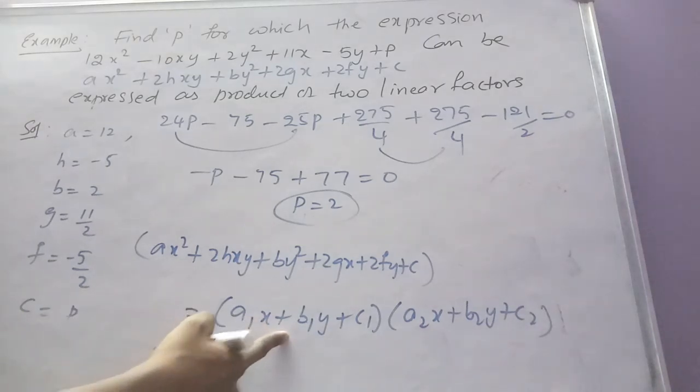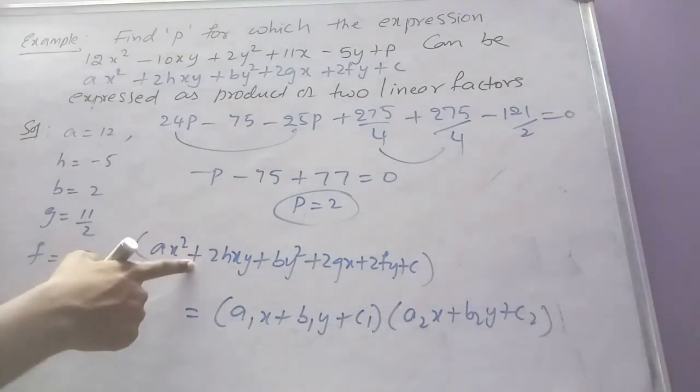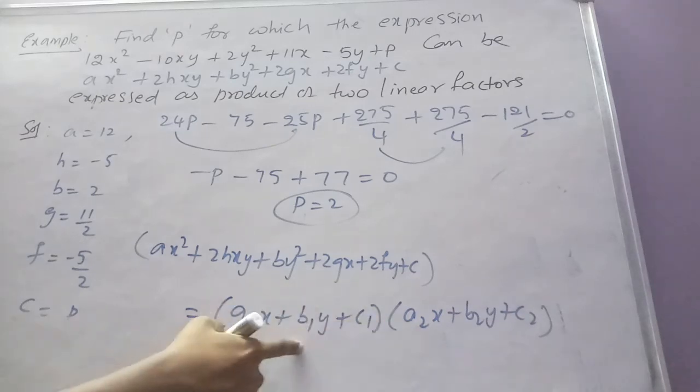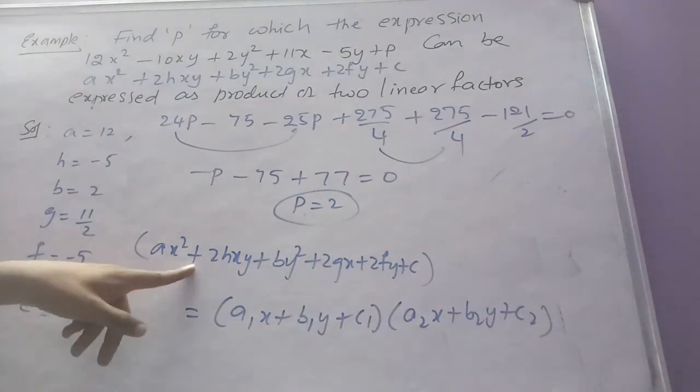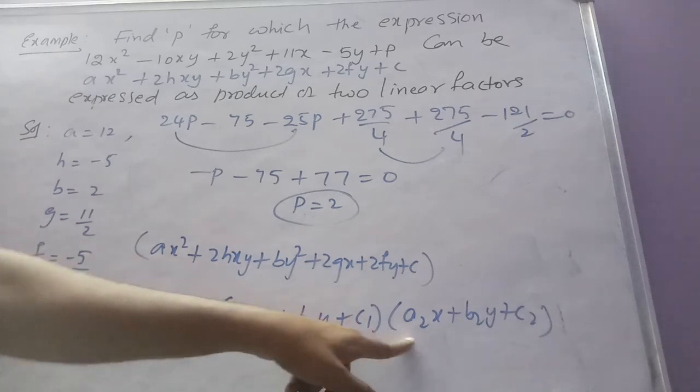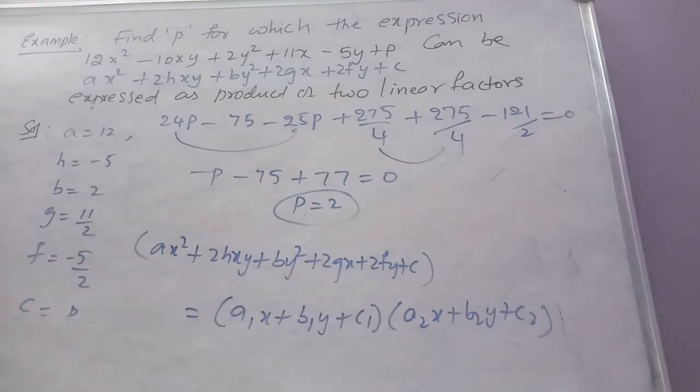A quadratic expression is written as a product of two linear expressions. So that is the meaning of it. That the second degree equation is written as the product of two linear factors. So I hope you understood this concept along with that example. It had given you a very good idea of this concept.